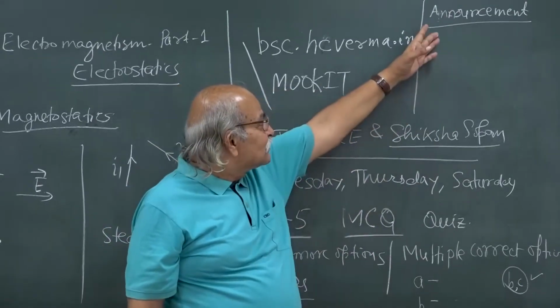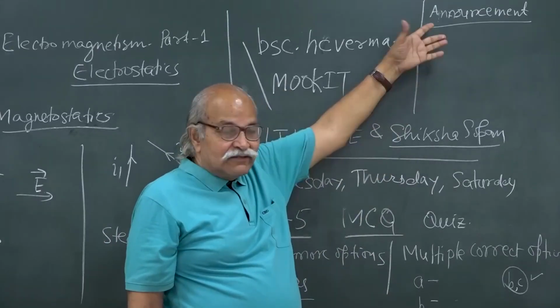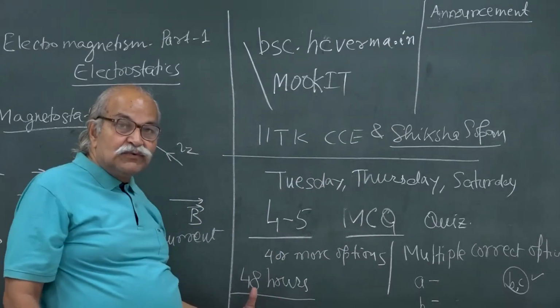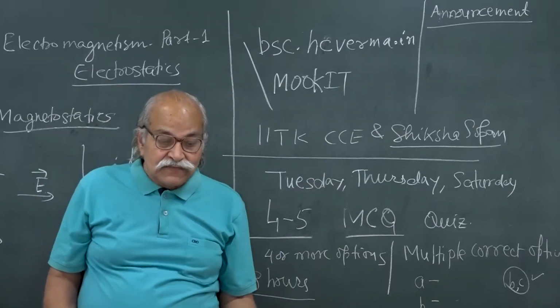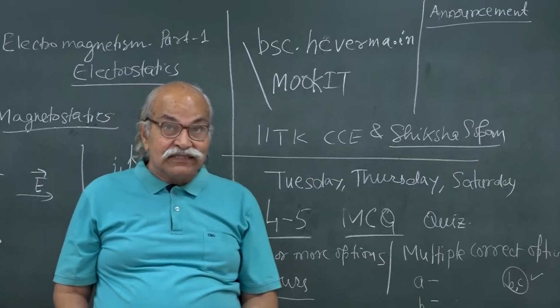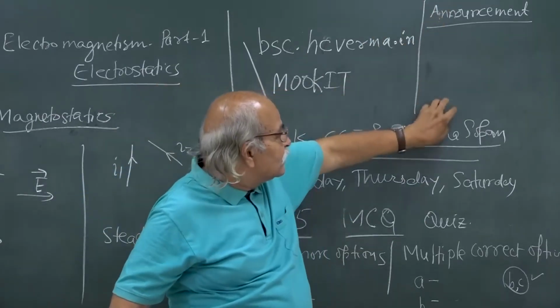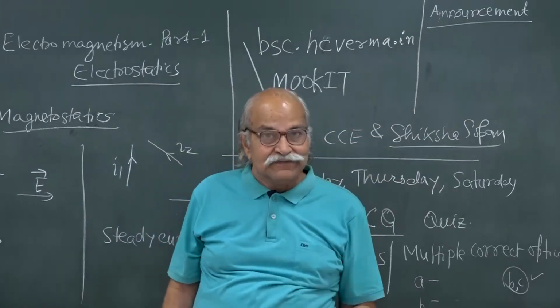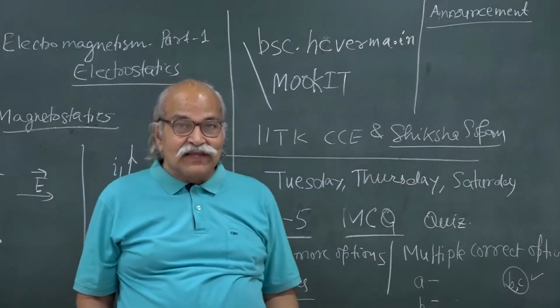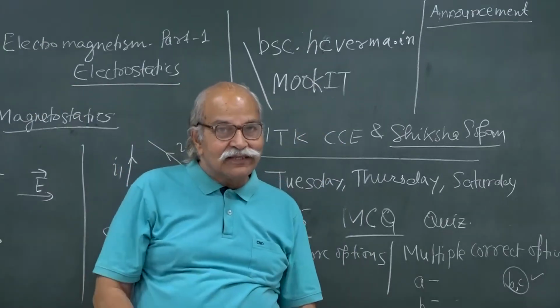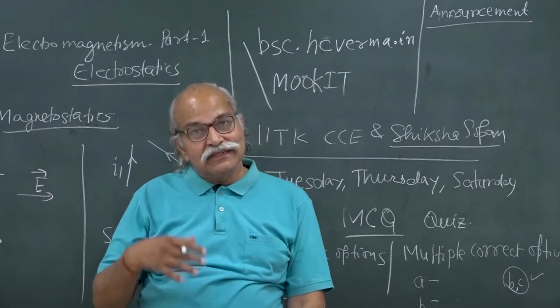So those timings will be given here, and for this window of 48 hours at least, this quiz will be open. What does that mean? You can go there in the quiz, and once again on the left hand side you have several items, and there itself you will find quiz. So you go to that, and then you look at the questions and you answer them.